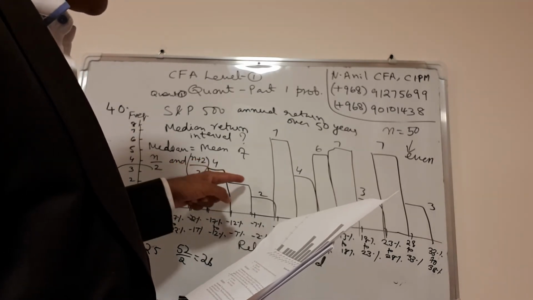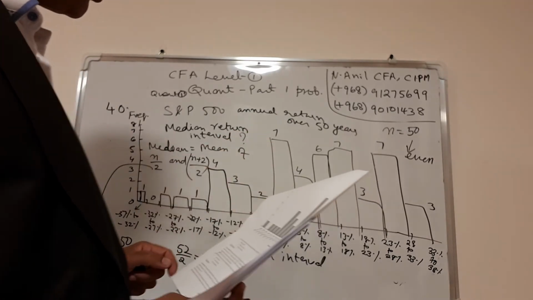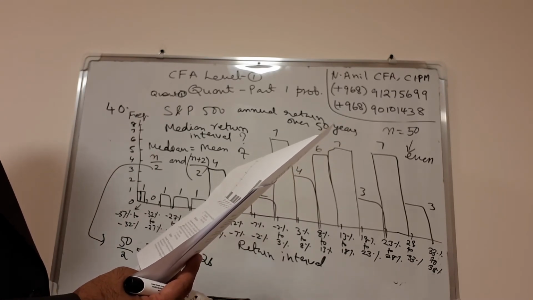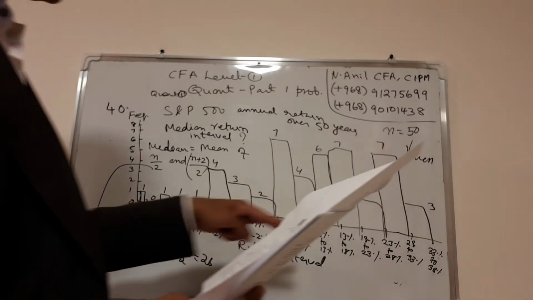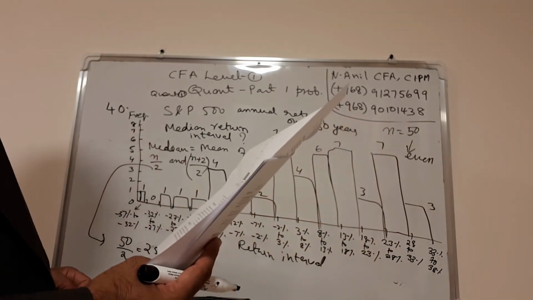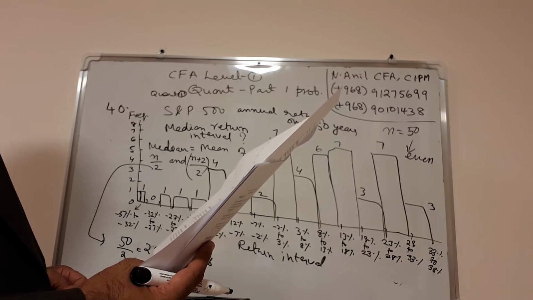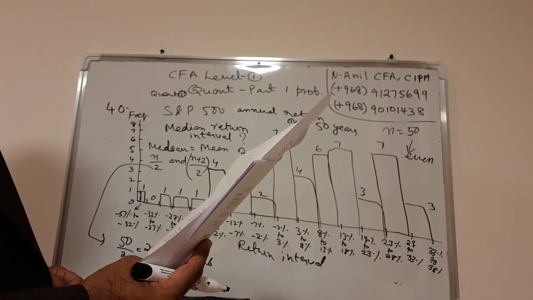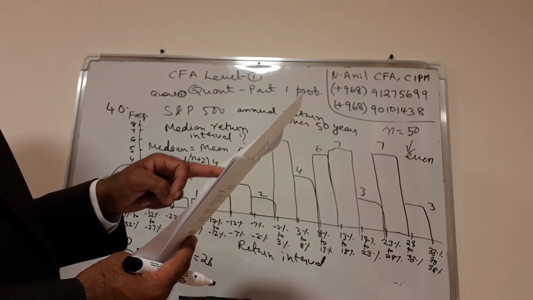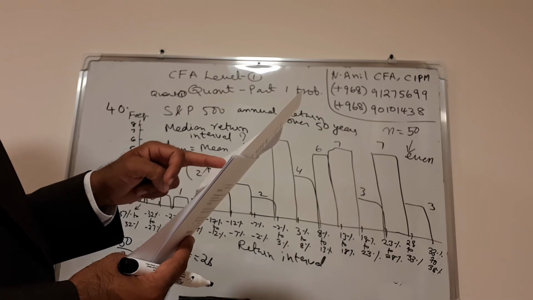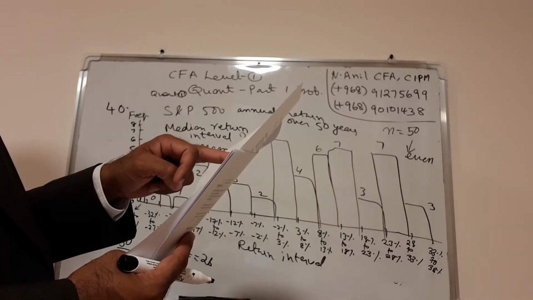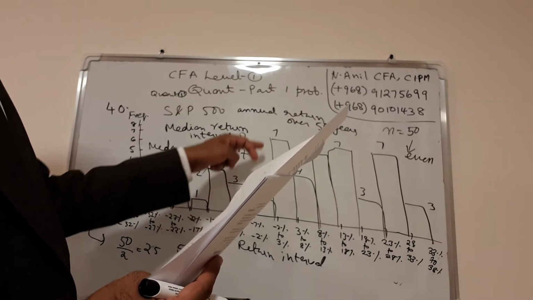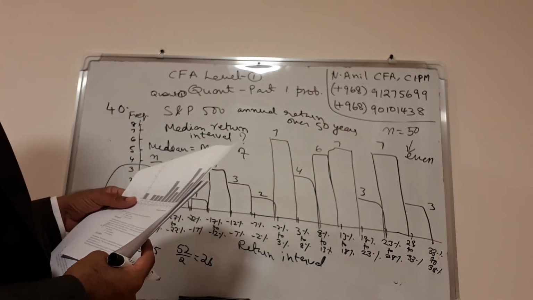The sum to the left, up to the 13 to 18 interval, is 24.